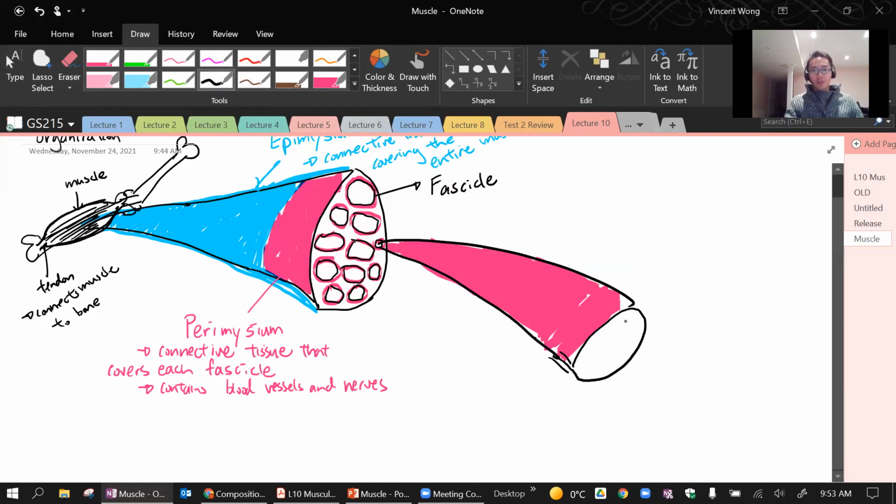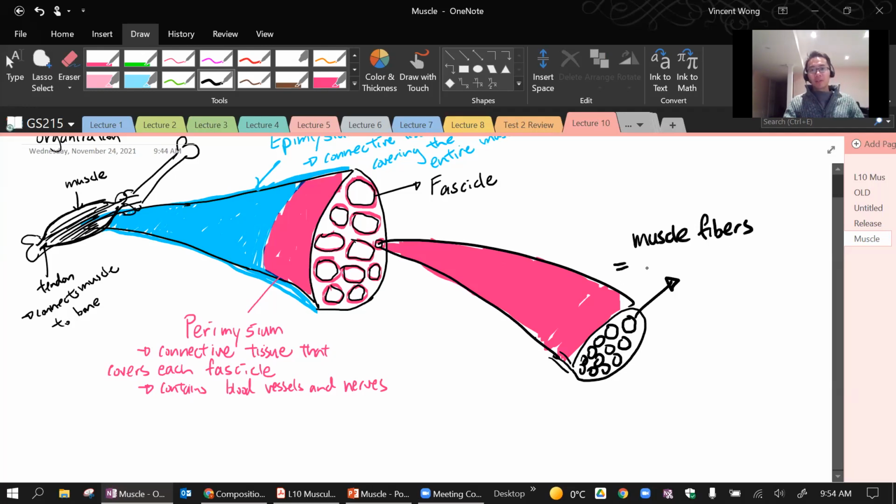So what is a fascicle? Well, the fascicle is actually made up of a bunch of smaller things as well. This never ends. Each one of these little things is called a muscle fiber.